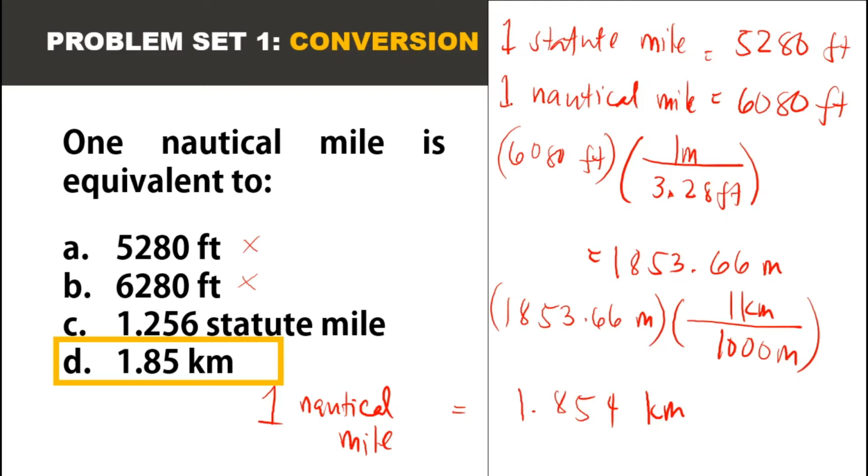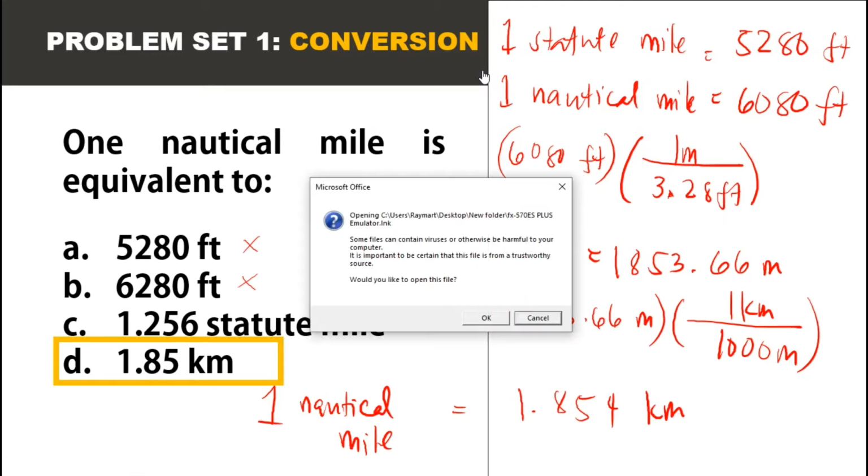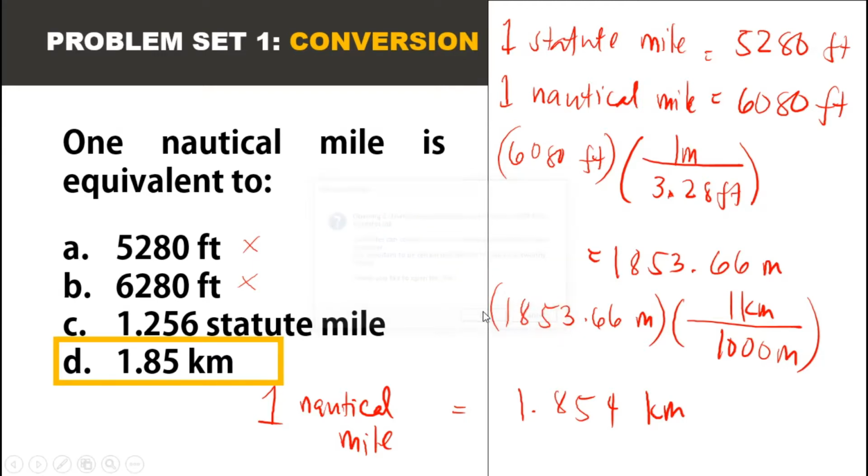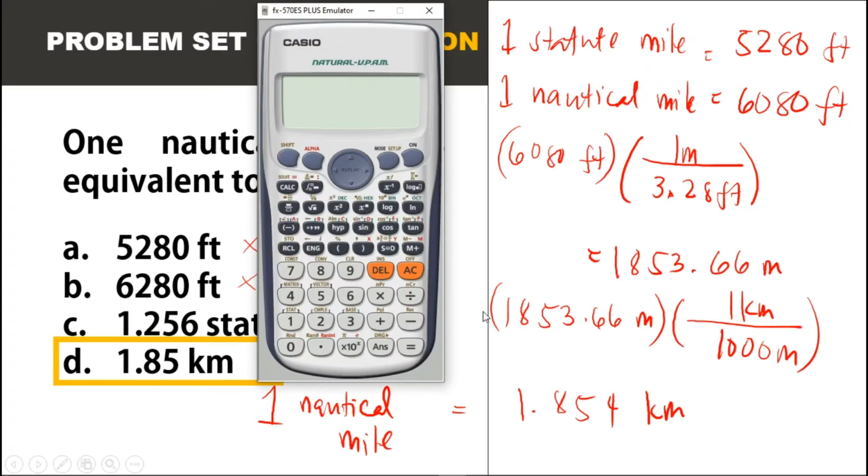So we can also solve this using the conversions in our calculator. If you look at the back of your calculator, you will see there for unit conversion we have 9, that is shift convert. You have shift convert, that is 9. That is nautical mile to meter.